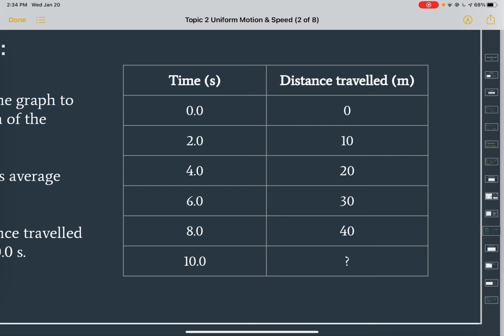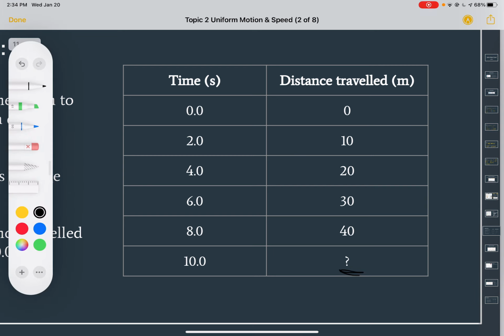Something that you may have learned in the past, we could probably predict what this is going to be, and I think that's what they want us to do. We notice there's a pattern here. Between 0 and 2 seconds, it goes up by 10. 10 to 20 is 10. 20 to 30 is 10. 30 to 40 is 10.